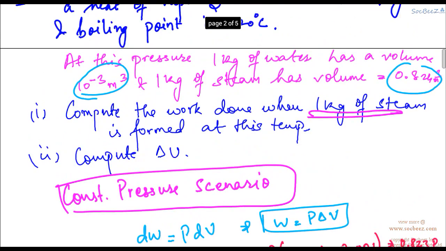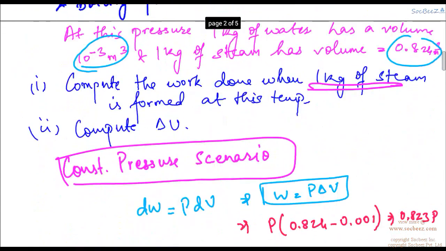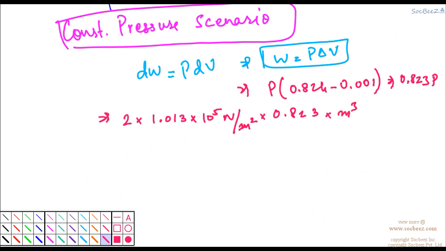Another very important concept here is the value of the pressure. Pressure is given in atm. You have to convert it into joules or Newton per meter square. So the pressure here was 2 atm. 2 into 1 atm is 1.013 into 10 raised to power 5 Newton per meter square, and it is multiplied with 0.823 volume, that is meter cube.